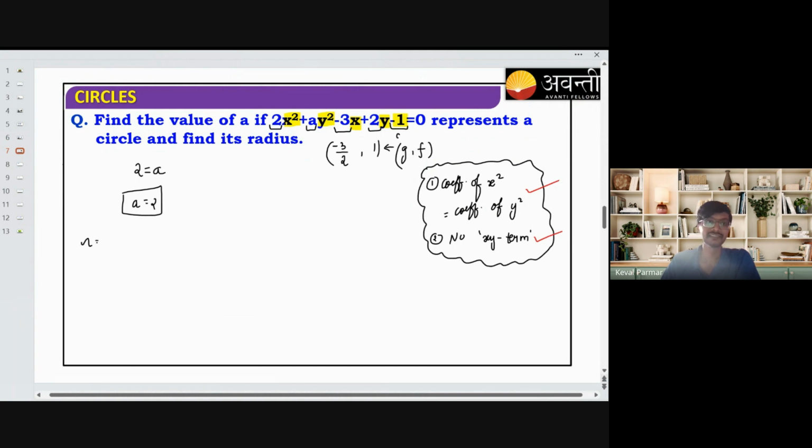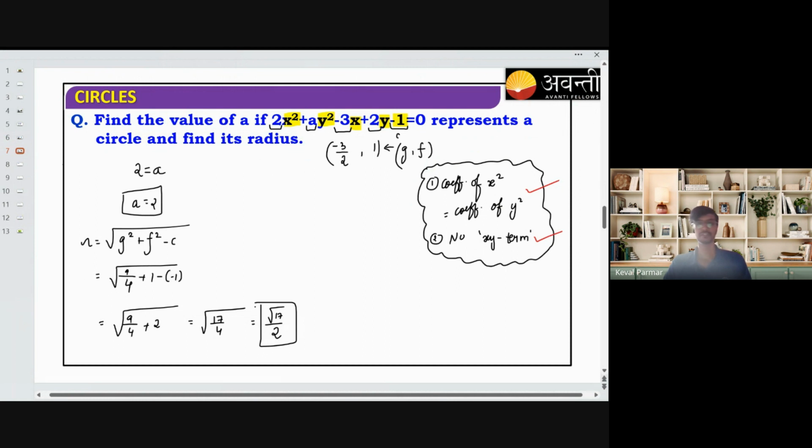So what is the radius? The radius is under root of g square plus f square minus c. g square will be 9 by 4, plus f square will be 1, minus of minus 1. So I'll get under root of 9 by 4 plus 2, which is 17 by 4, so root 17 by 2 is my answer.